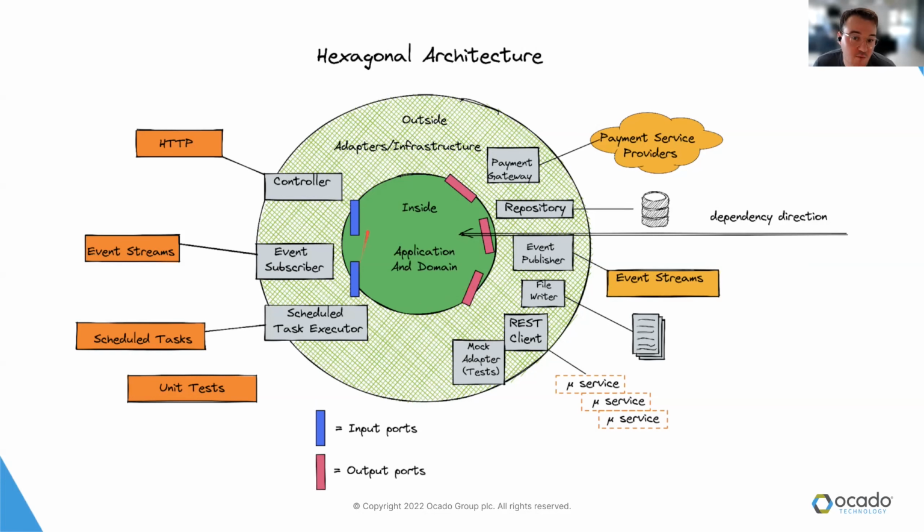So this way, when you are testing your application, remember his main motivation was to test the application. The unit test is nothing more than a different driver. The application doesn't know that it's being run by a unit test, but a unit test will call an input port, right?